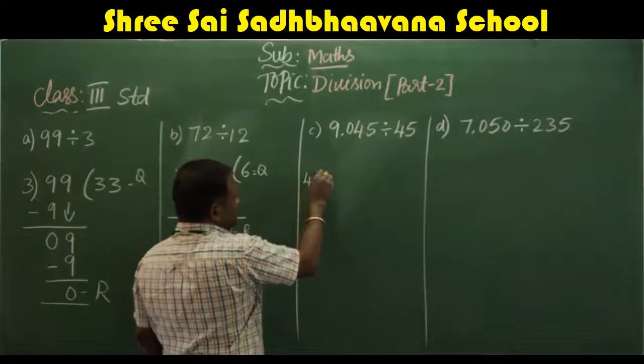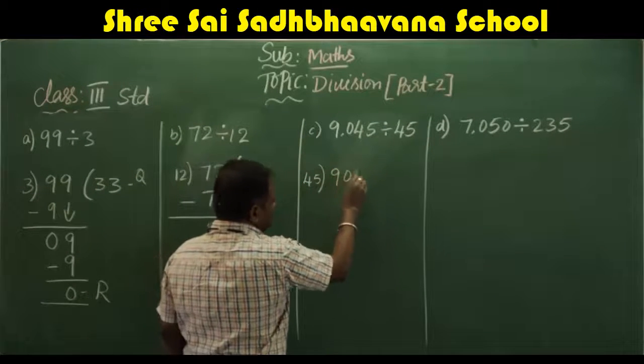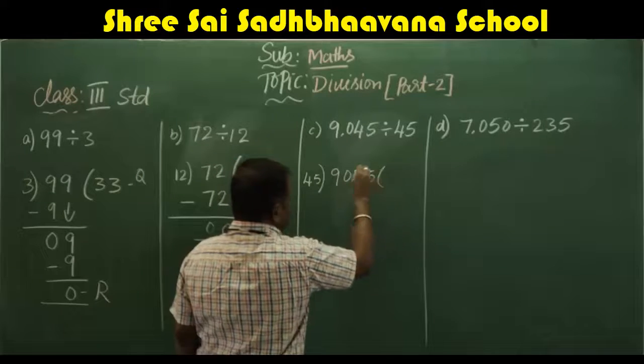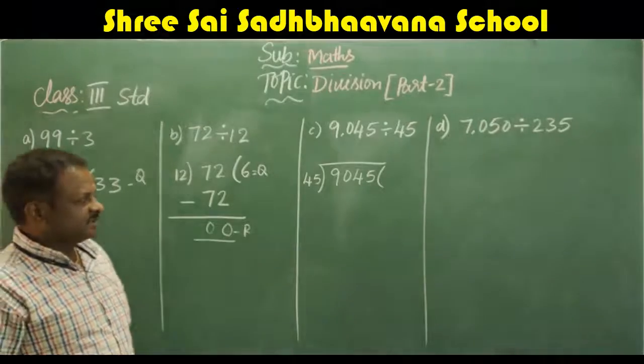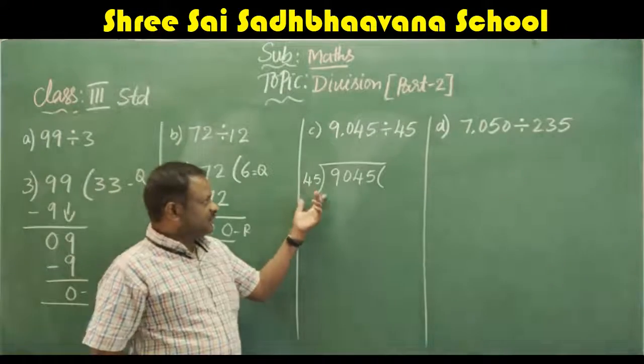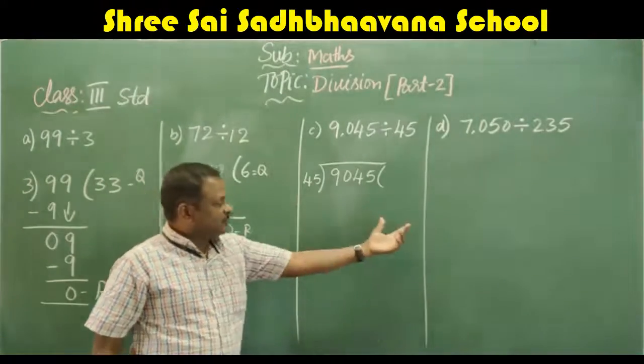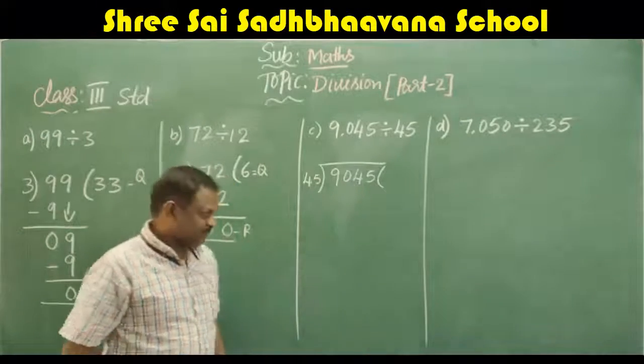From 45, you divide 9045. Here you need some working because we don't know the 45 table. So we will multiply here and then we will take here.